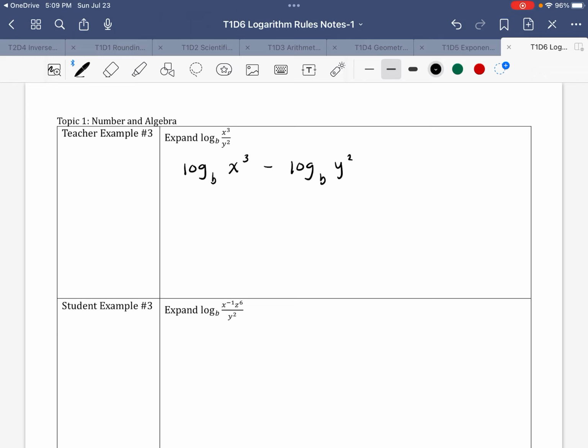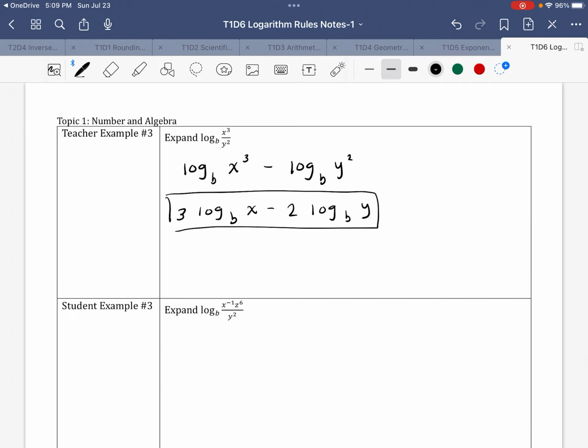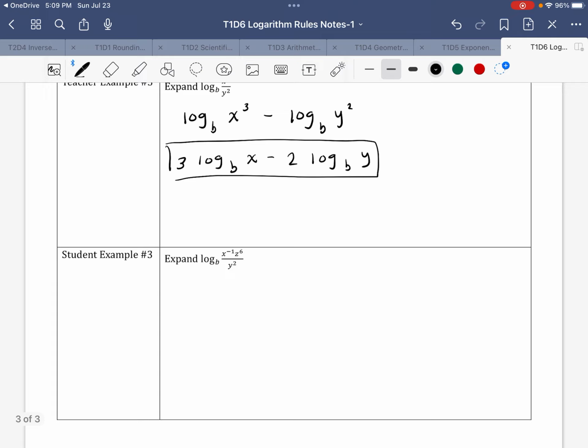And then since we have those exponents, we're going to rewrite them out in front: 3 log base b of x minus 2 log base b of y. And that's completely expanded. Go ahead and try student example 3 on your own.